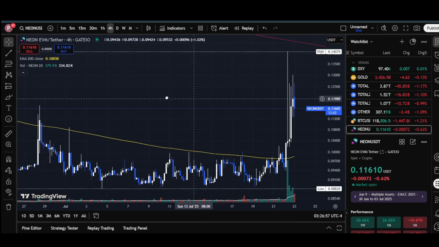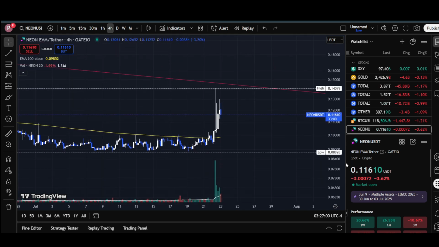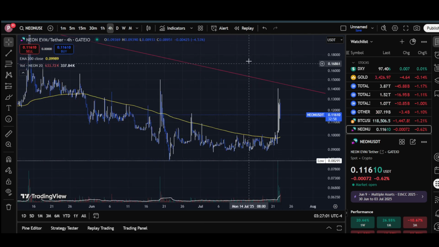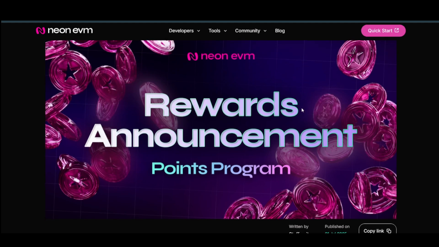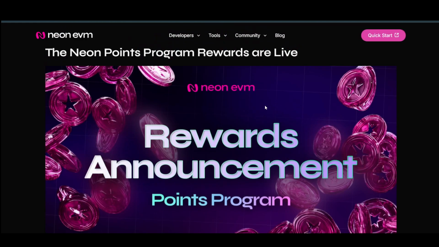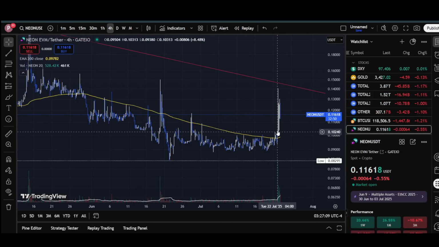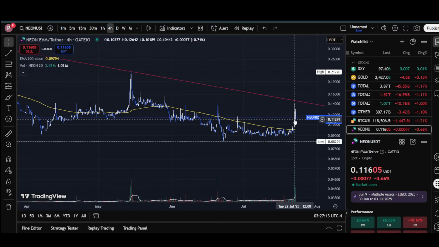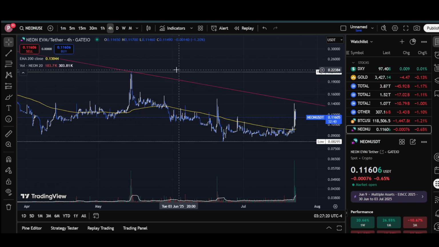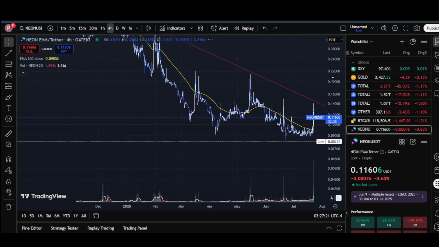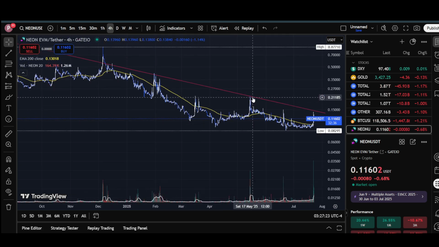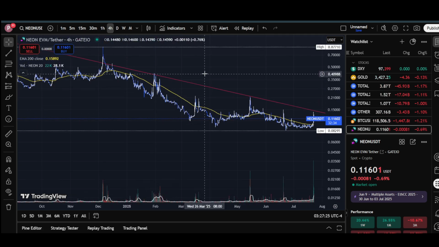But I think overall it depends on its demand. As of now, potentially the demand driver could be their point program. This could cause a massive surge, as it already has. Let's see what happens. But if the demand for the token starts to go up, I think it can go as high as 15 cents or even as high as 21 cents. If it continues to go higher, I think it can go as high as 40 cents.